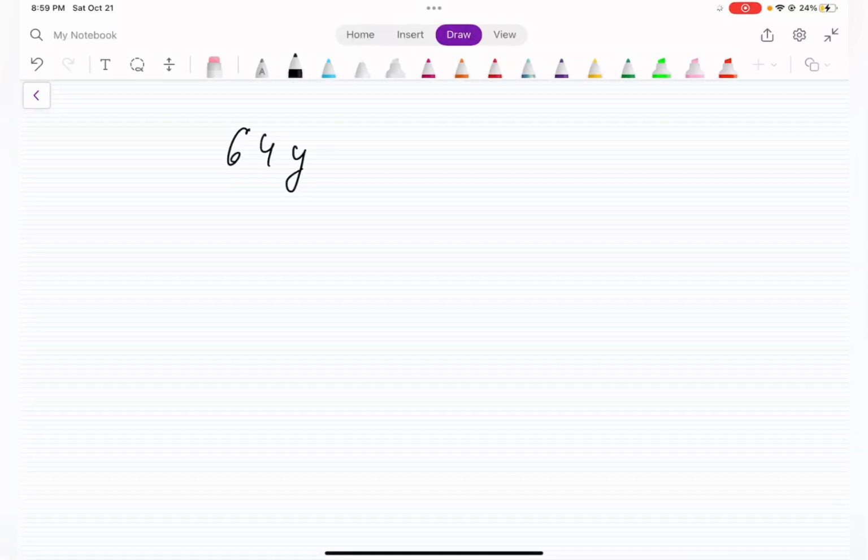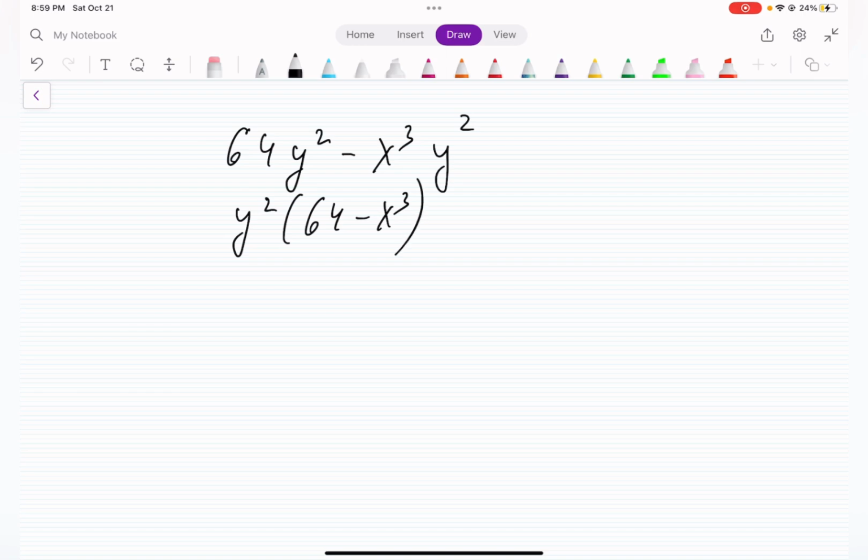Sixty-four y squared minus x cubed y squared. So, yeah, indeed tired. Once I finish this recording, I will stop for today. Okay, so I'm taking y squared as a common factor, and I will have 64 minus x cubed, right?